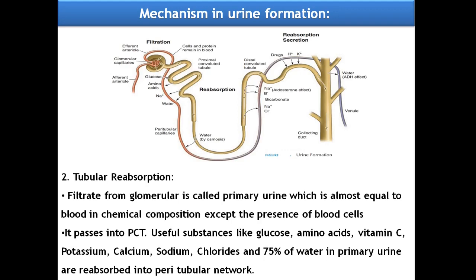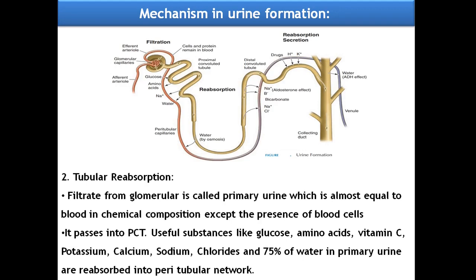The chemical composition of primary urine is almost equal to that of blood except for the presence of blood cells. Only blood cells are not filtered; the remaining, like glucose and all useful things, are filtered. So it is equal to the blood, hence we call it primary urine. It is different from normal urine which human beings excrete.